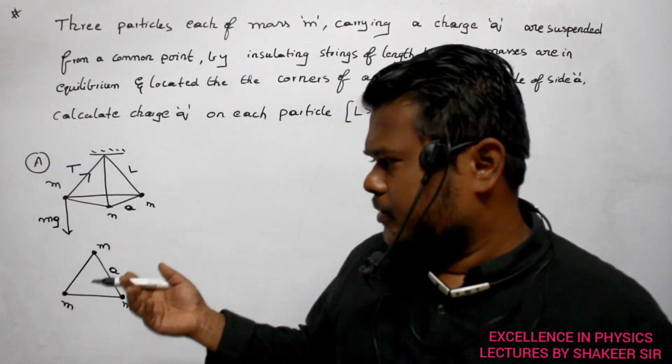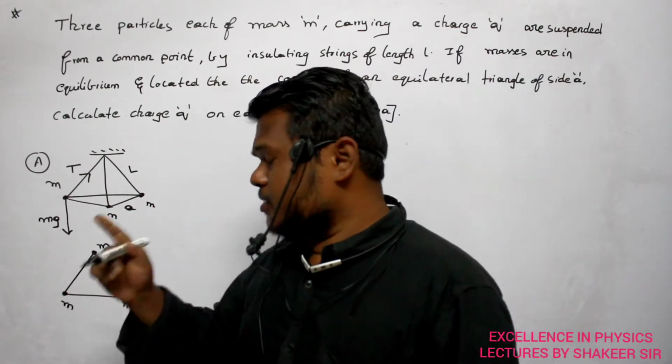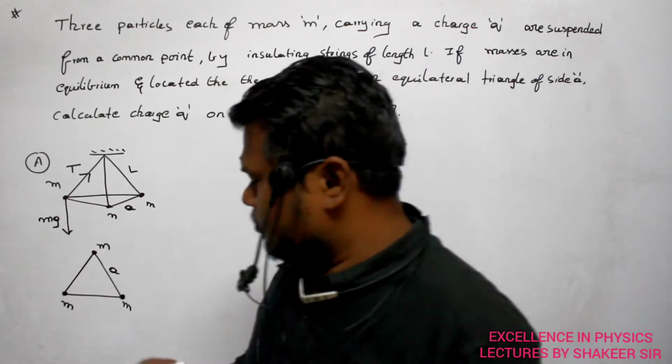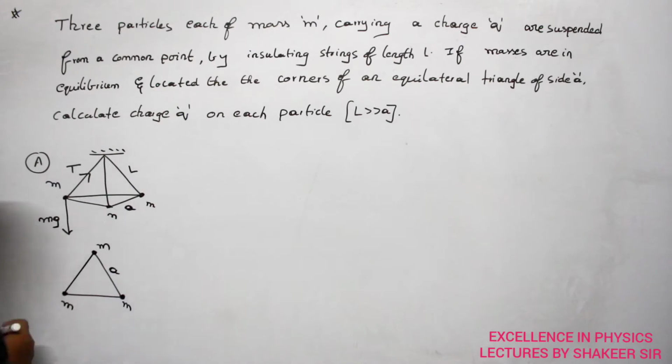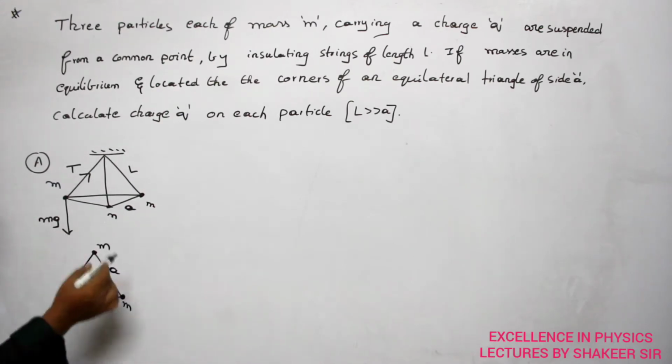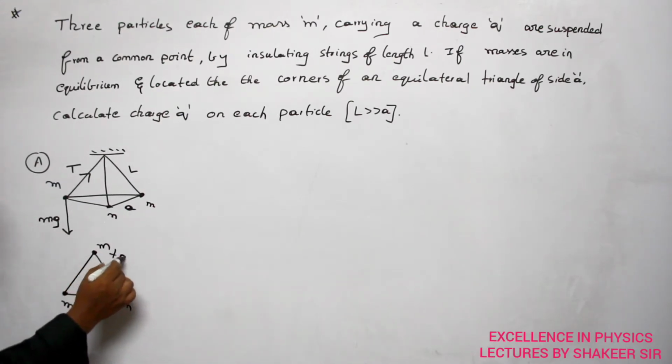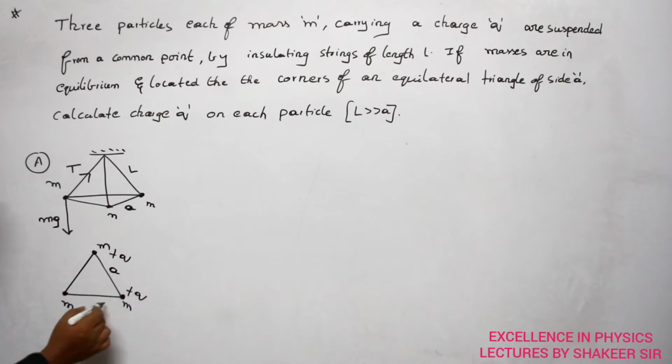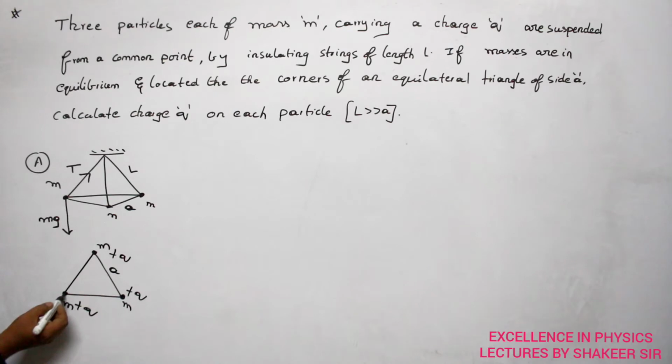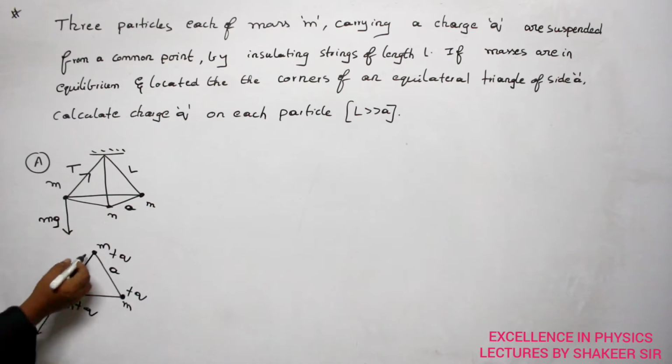Weight of the body, tension, and force of repulsion also will be there. And force of repulsion will be in which direction? All of them are positive charges only. This is plus q, this is plus q, and this is plus q. So for example, if I take the force acting on one particle, this particle will be repelled by this charge in this direction.